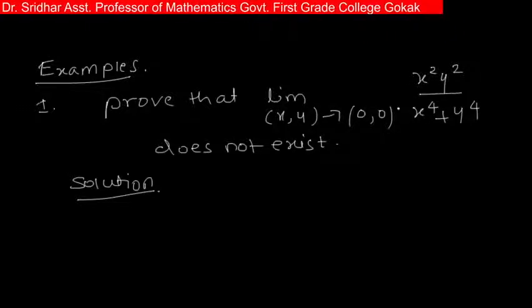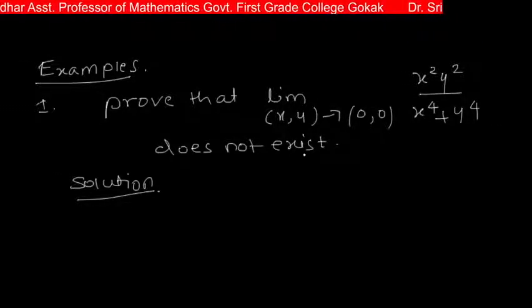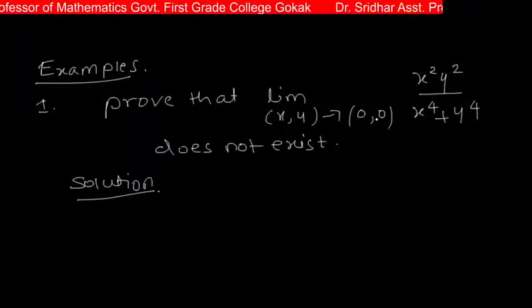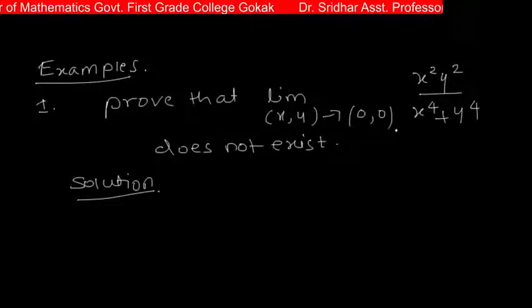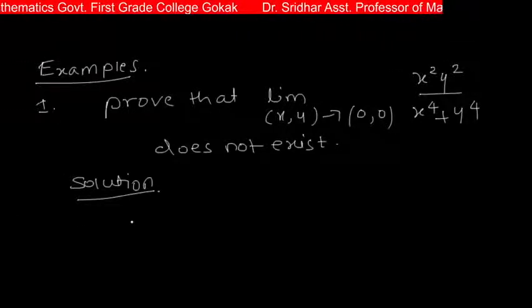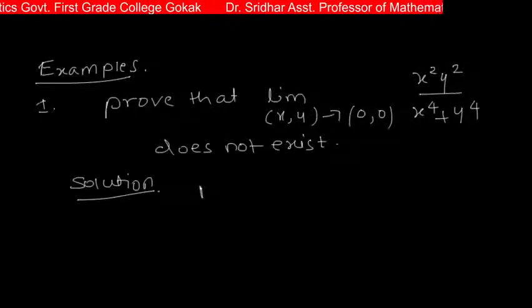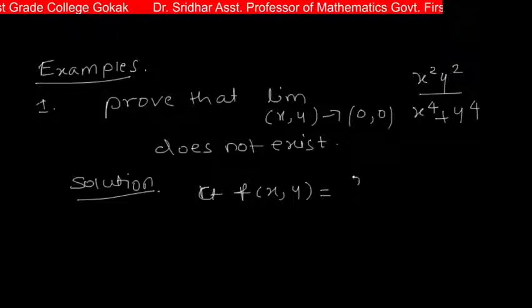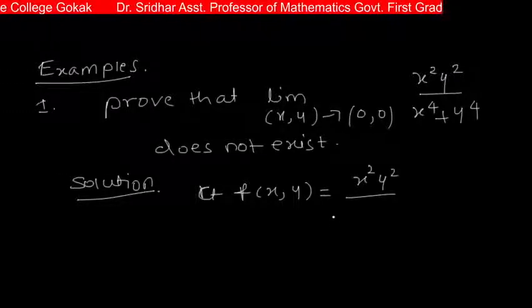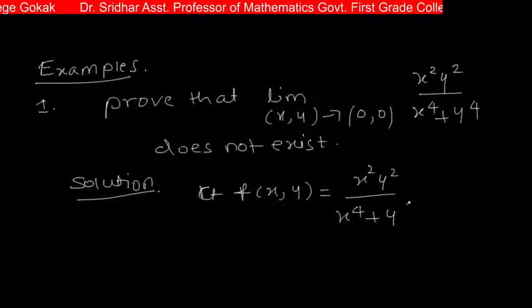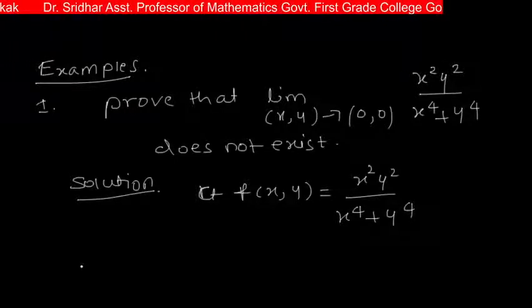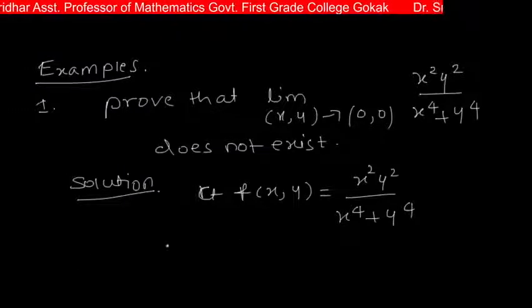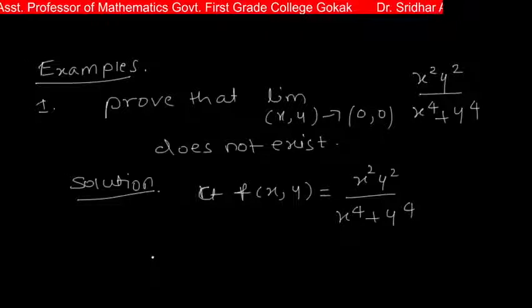To prove this, let f of (x, y) be equal to x squared y squared divided by x raised to 4 plus y raised to 4.